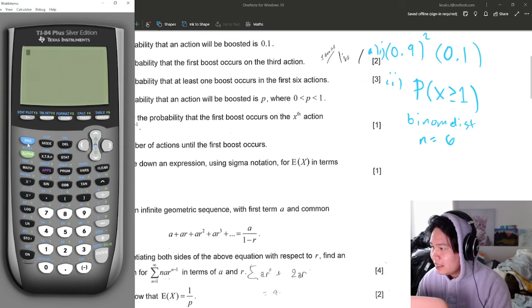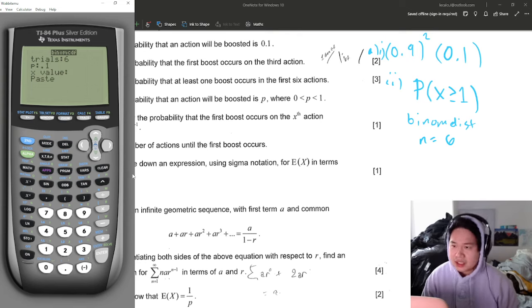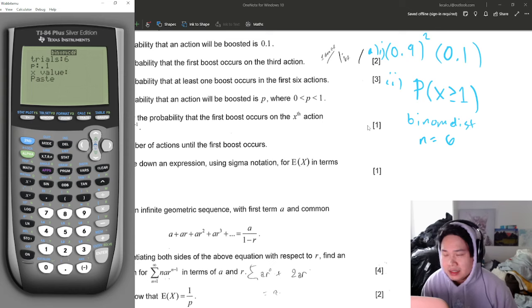But I think it's, if you have a TI-84, you go into the distribution menu. And then we go to binomial CDF. And then we have 6 trials. We have a p-value of 0.1. And then our x value... Okay, here's the thing. I think a TI-84 Plus Silver Edition, they do lower boundary ones.